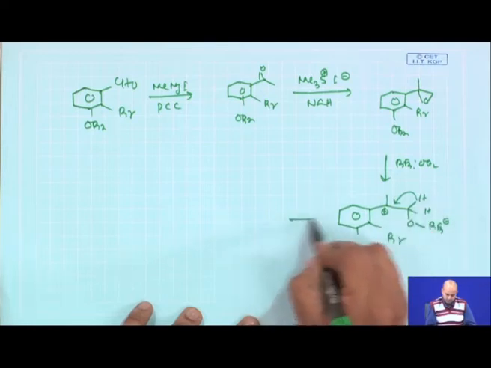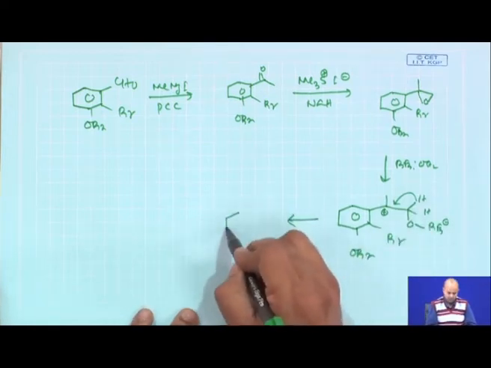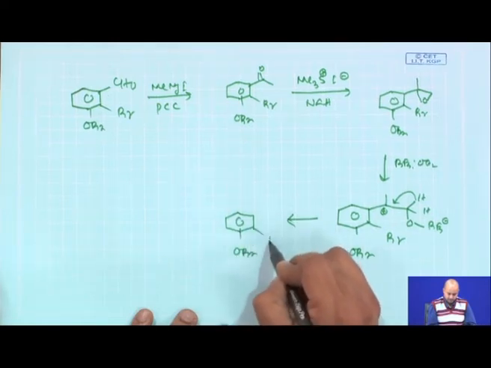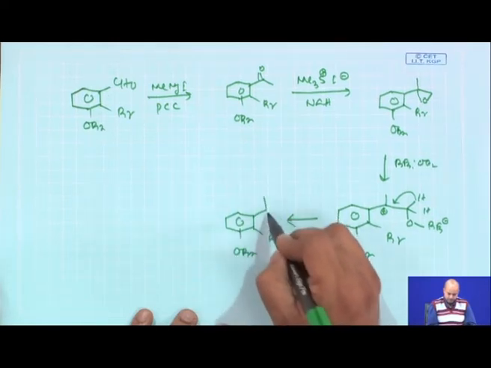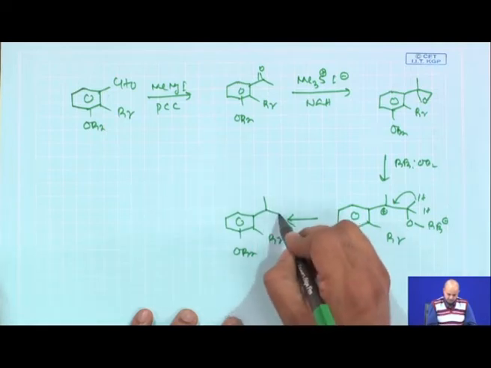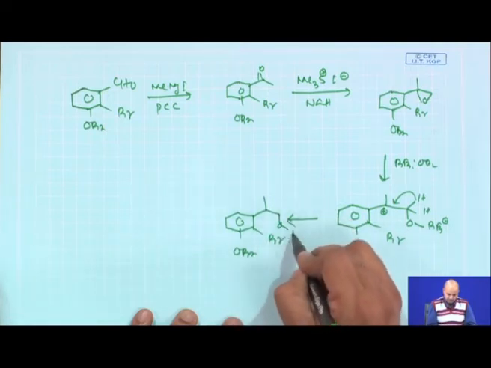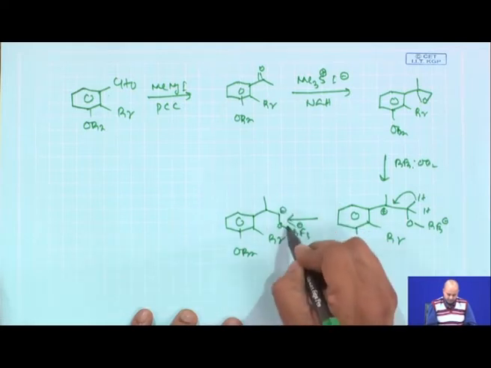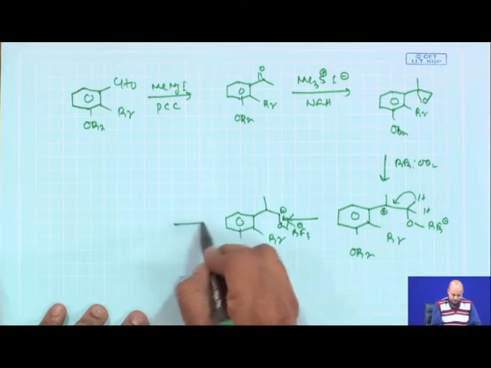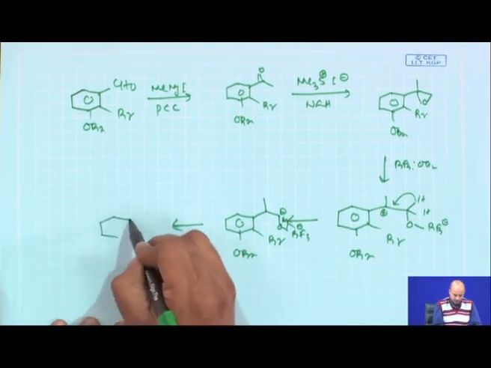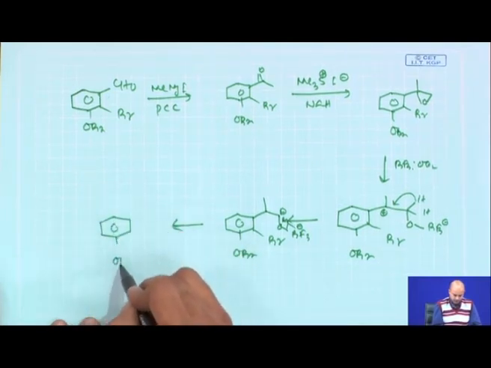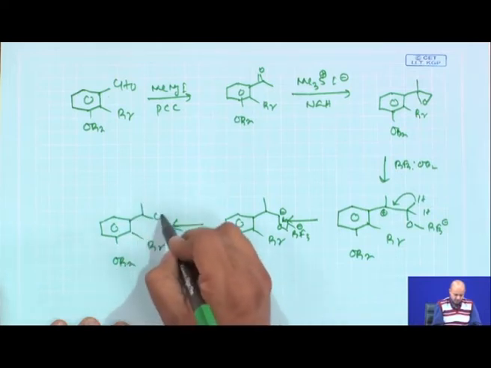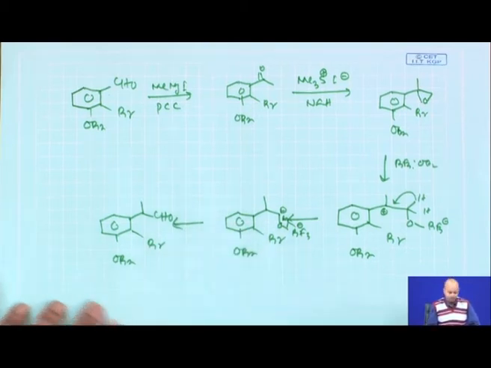If one hydrogen migrates, you get a positive charge here, and this carbonium ion is quenched, and you get the OBN, Br, methyl, CHO. So, the mechanism of the Meinwald rearrangement is very crucial.